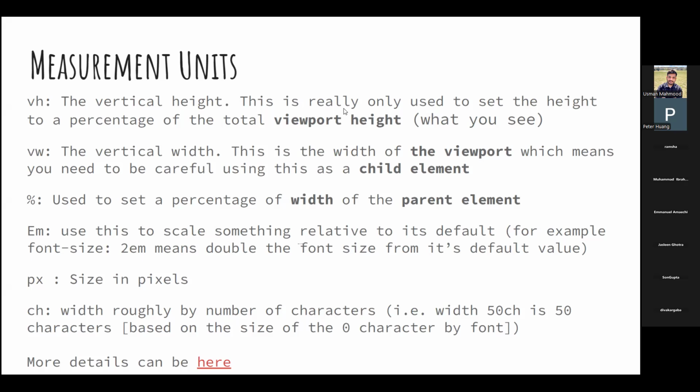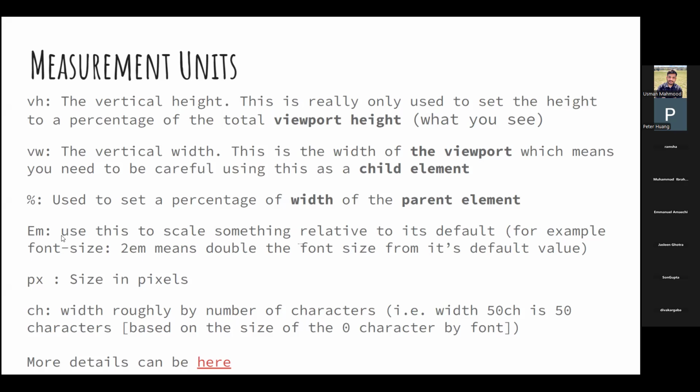VW is the viewport width, with the same properties as VH, where the width is based on how large your viewport width is, as a specific percentage. Percentage is typically used to set a percent of the width of your parent element.